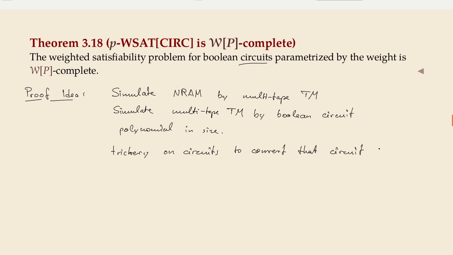We need a different way of acceptance, a different way of satisfiability. So let's say this is a circuit C that's spit out by this. And we convert it to another circuit D, so that the one is satisfiable in the usual sense exactly when this D is K-satisfiable, by which I mean satisfiable by a weight K assignment.